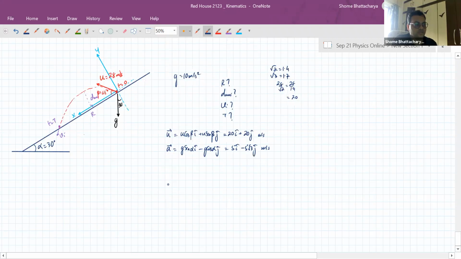Right, so our x component of motion is like this.